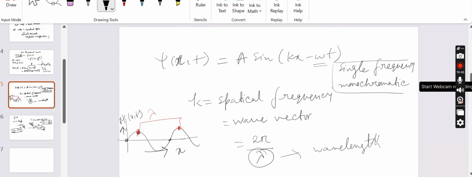In real life, there isn't any pure single frequency or monochromatic wave. When a wave propagates, actually not one wave propagates, the waves actually propagate as a packet of waves, that is called a wave packet.